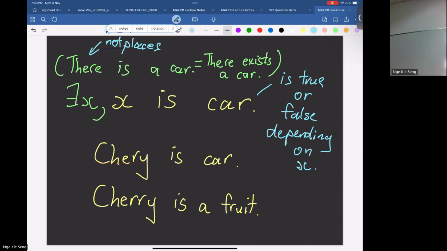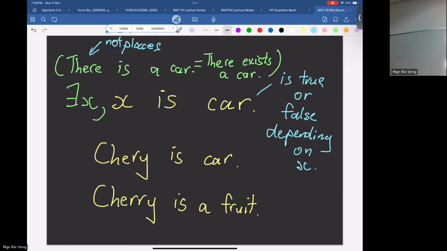There is means there exists. It's not about places. True or false?